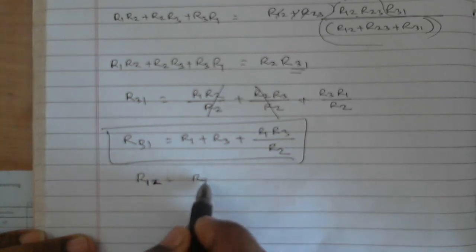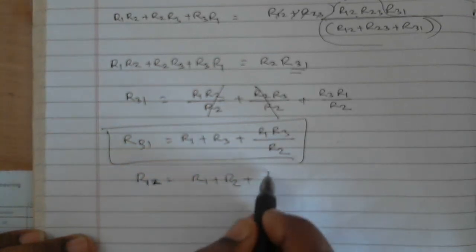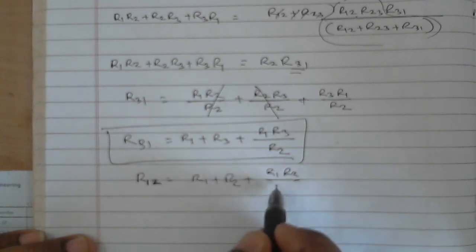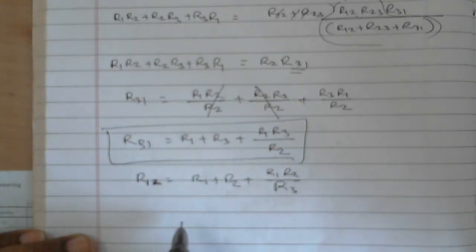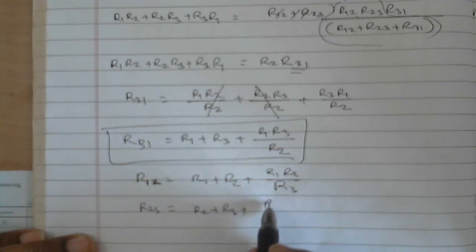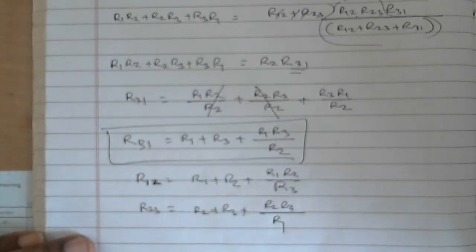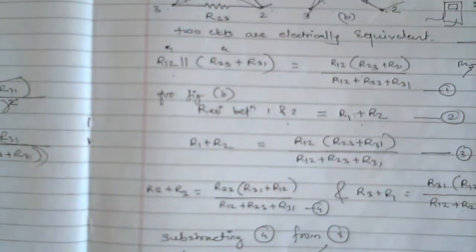This is a trick. R12 equal to R1 plus R2 plus R1 R2 divided by R3. Similarly, R23 equal to R2 plus R3 plus R2 R3 divided by R1. In this way, you can convert a star network into delta and a delta network into star.